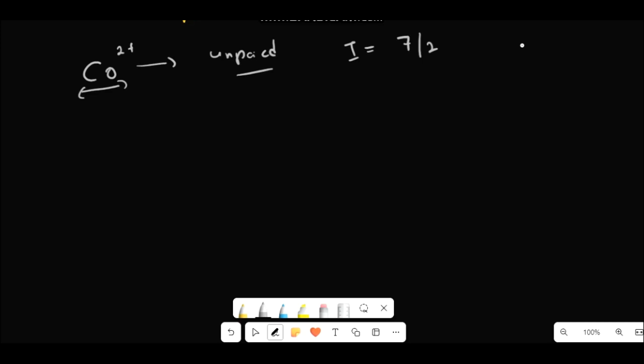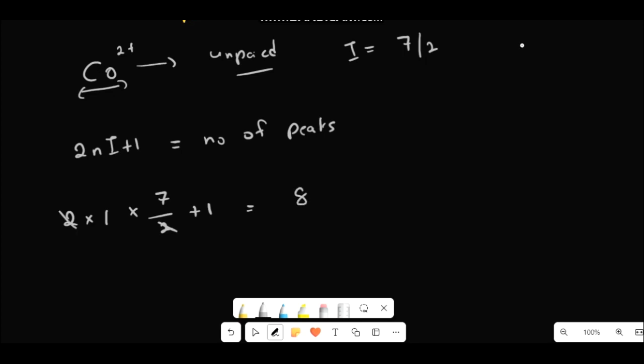Now we can use our equation 2nI plus 1, which equals the number of peaks. Here n means the number of nuclei causing interference. We have only one cobalt 2 plus nucleus, so n equals 1, and I is 7/2, plus 1. Here the 2s cancel, and 7 plus 1 is 8. So instead of one peak, we would have 8 peaks in our spectrum.